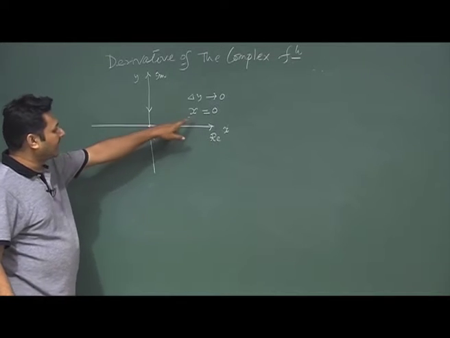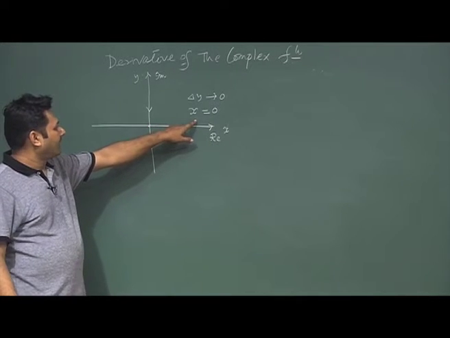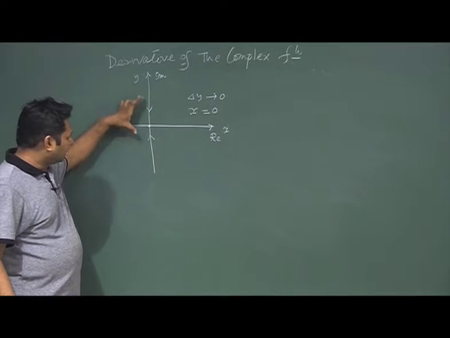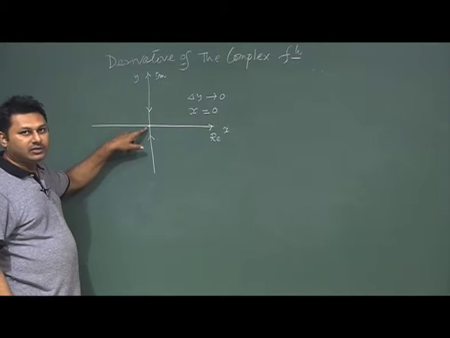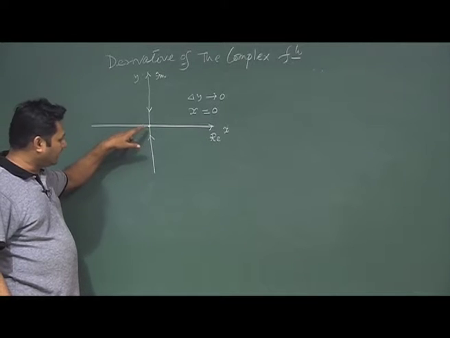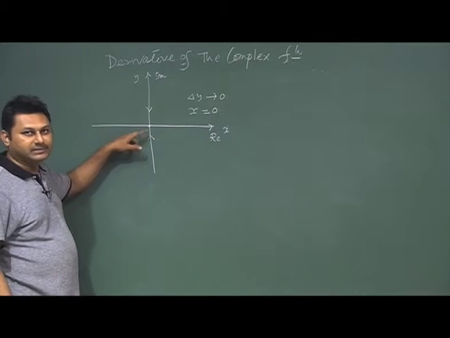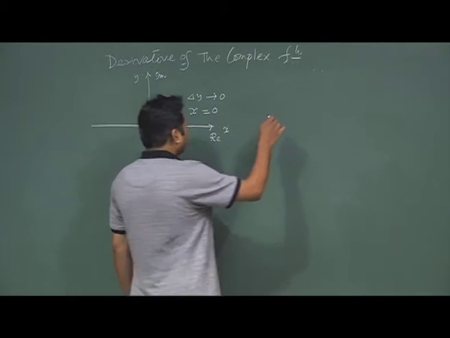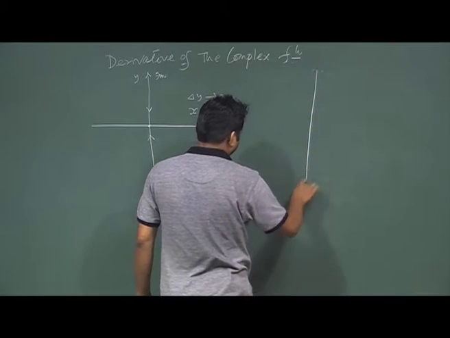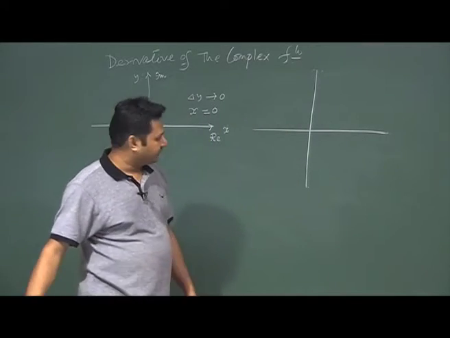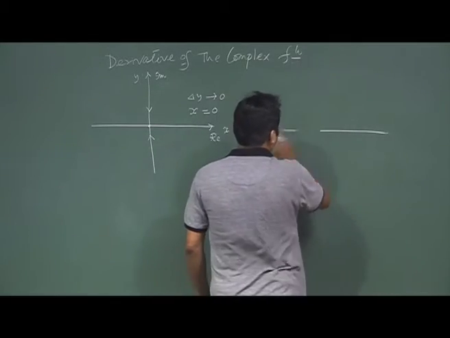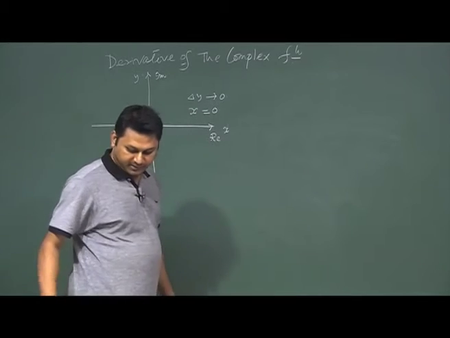Along this the value is already fixed, and now y is going to 0 along this path, so that the point ultimately reaches here. In the second case also, I can have, okay, my figure I need to modify slightly.